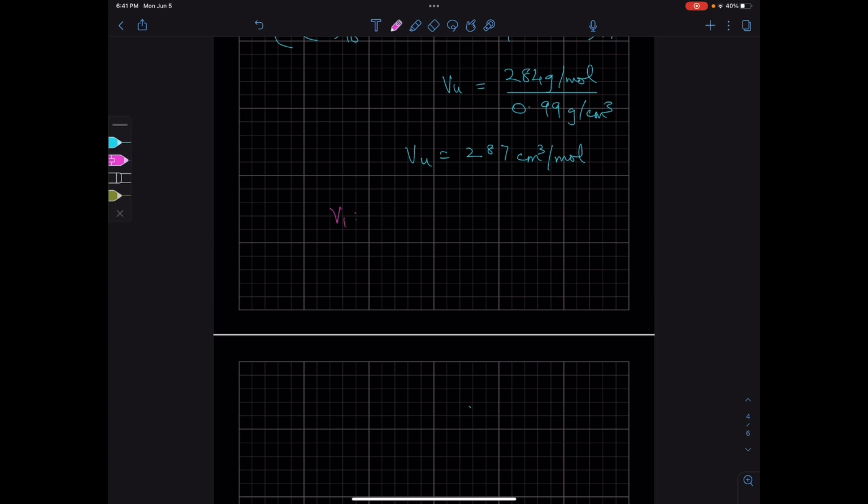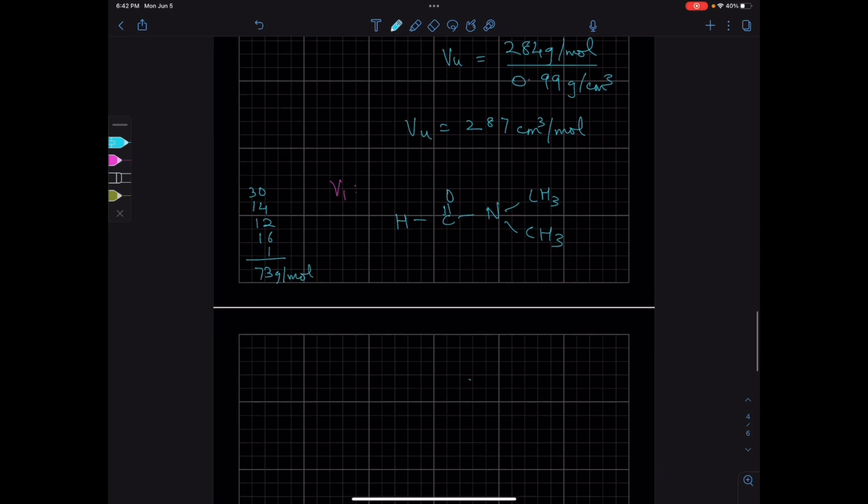Next is V1. We have to find out the molar volume of the solvent, dimethylformamide. Dimethylformamide has 2 methyls on the nitrogen. So the molar mass of dimethylformamide would be, we have 2 methyls, each methyl is 15, so 2 methyls is 30, nitrogen is 14, carbon is 12, oxygen is 16, and 1 hydrogen, so that is 73 grams per mole.